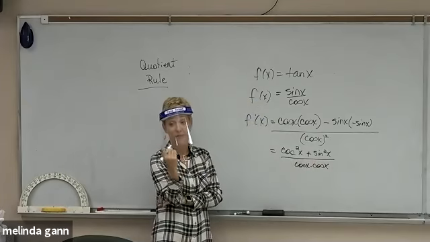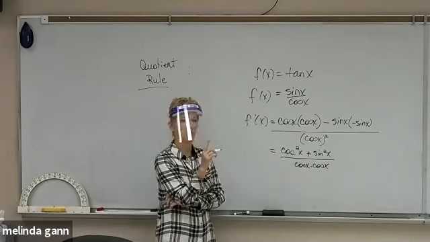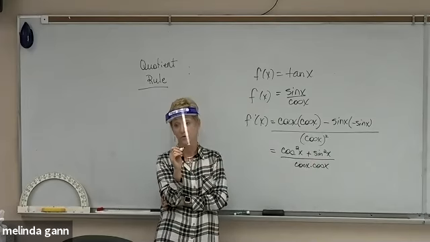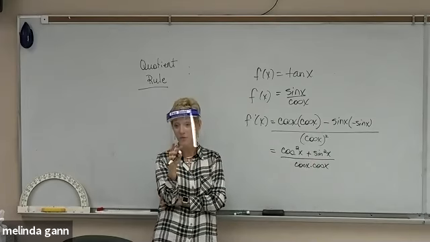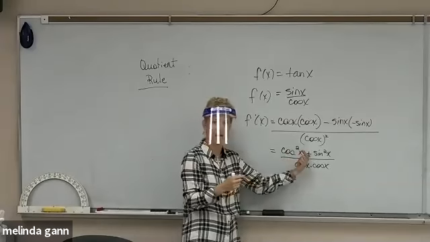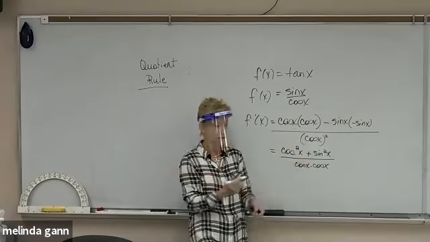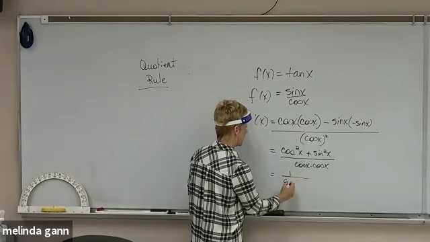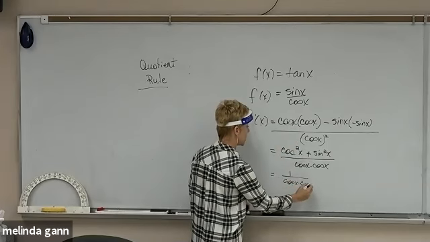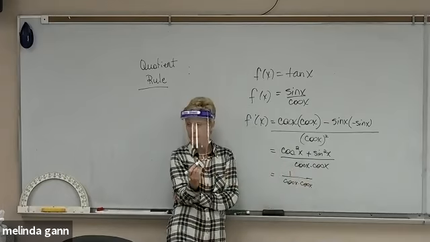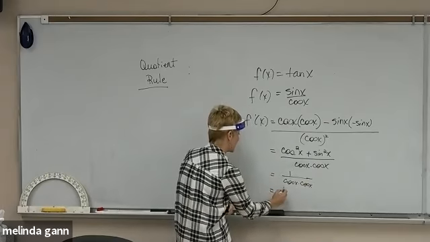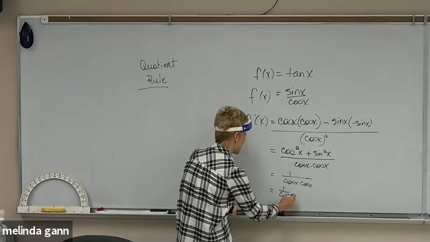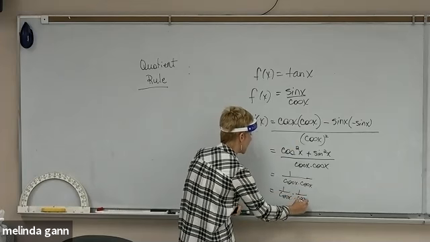Now, we've already said Pythagorean identity. What's sine squared of an angle plus cosine squared of an angle? 1. Like Julie pointed out earlier, the commutative property of addition says that if it's cosine first, it still should be the same. So I've got 1 over cosine x times another cosine x. Is that correct? So could I write that as 1 over cosine x times another 1 over cosine x?